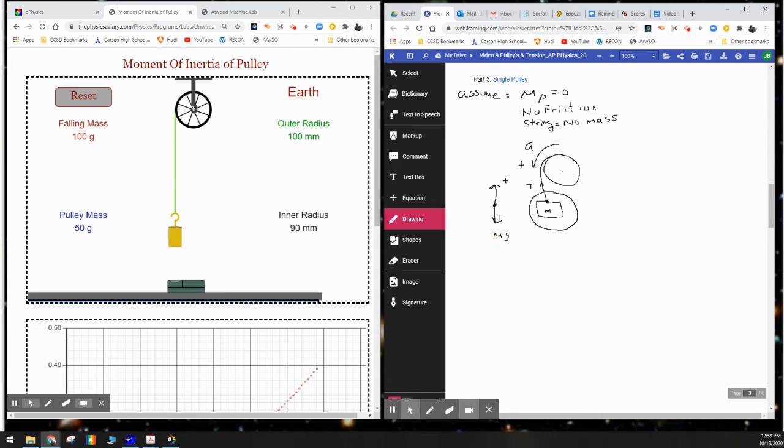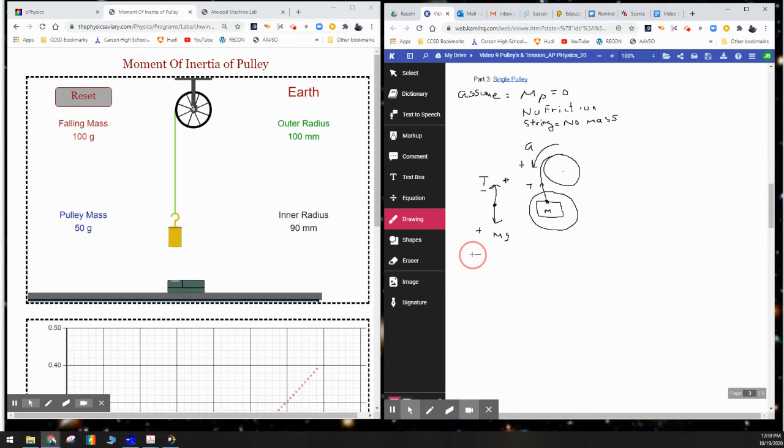Since it's accelerating in this direction, we'll make going down positive and going up negative in this case.